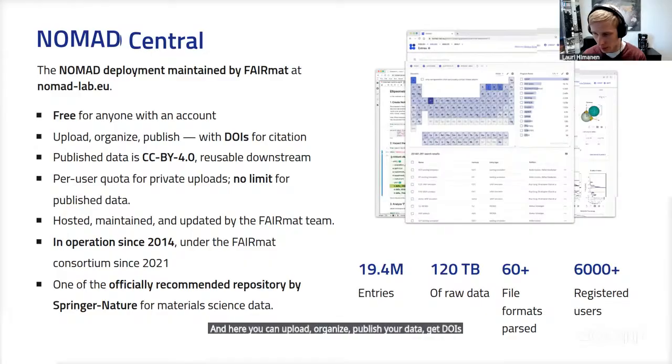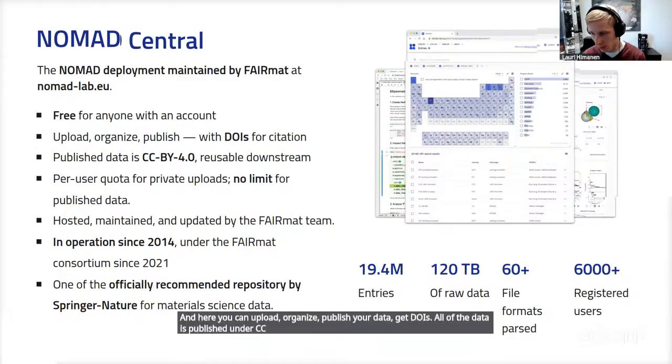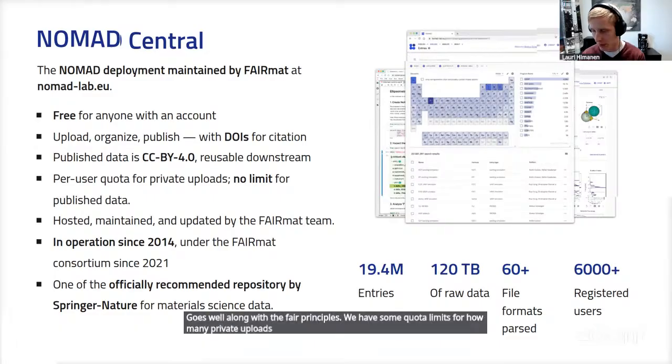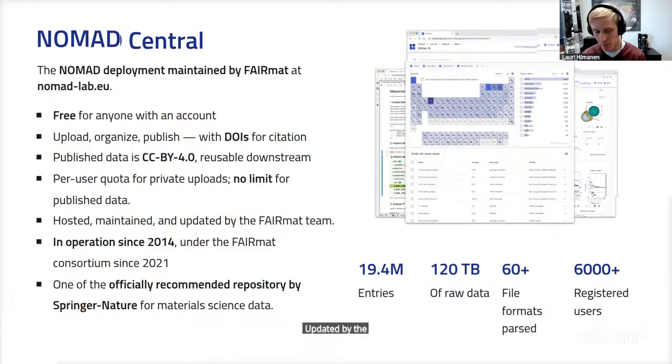All of the data is published under CC BY 4.0. So this is reusable for anyone. So basically, it goes well along with the FAIR principles. We have some quota limits for how many private uploads you can have, but essentially there's no limit for how many uploads you can have in there at the moment. And this is indeed hosted and maintained and updated by the FAIRmat team.